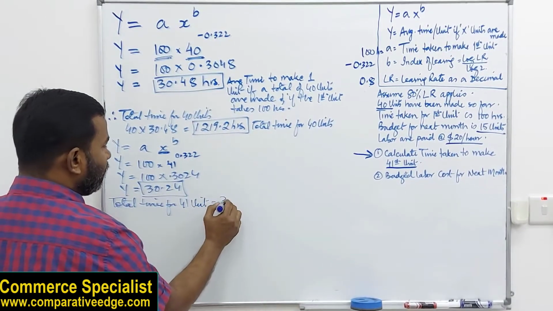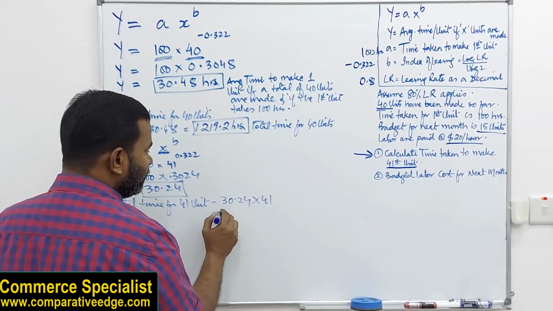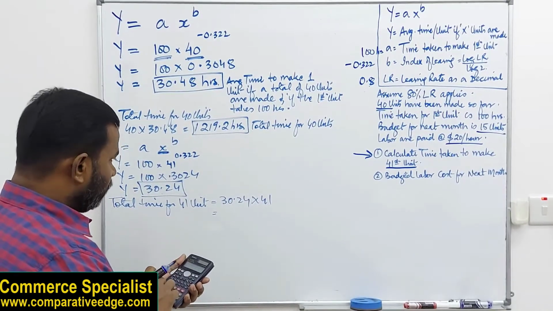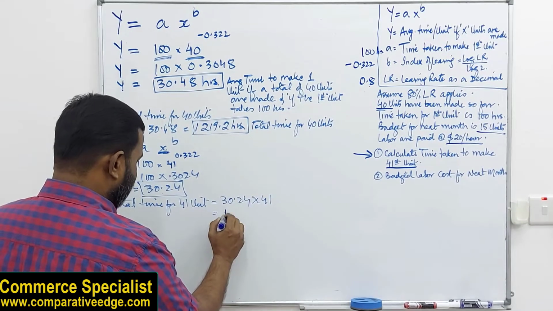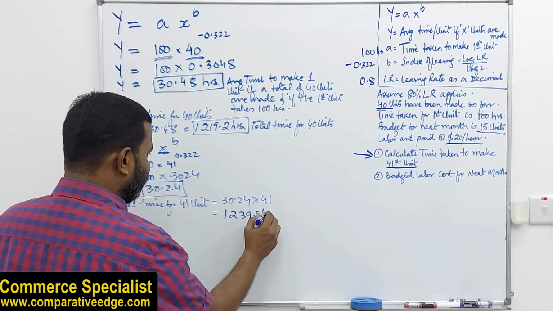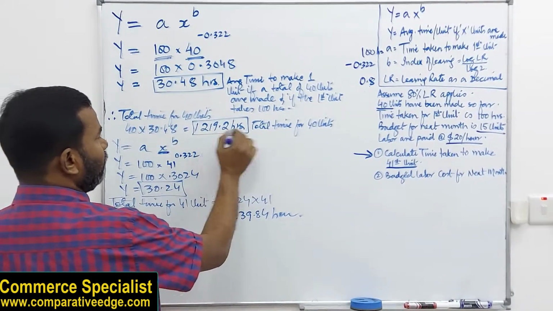That will be 30.24, the average time for 1 unit, multiplied by 41 units. So how much do we get? 30.24 into 41 gives me 1239.84 hours.